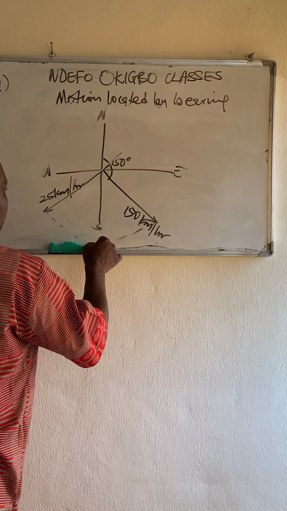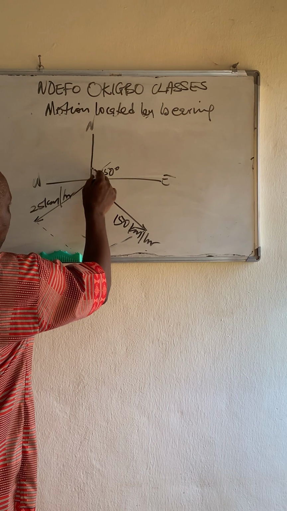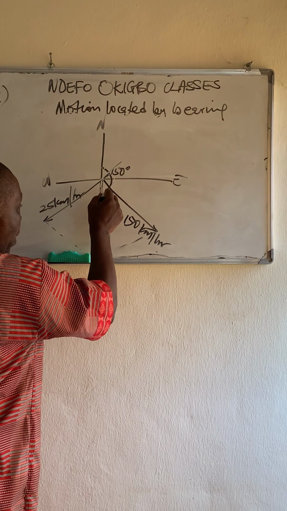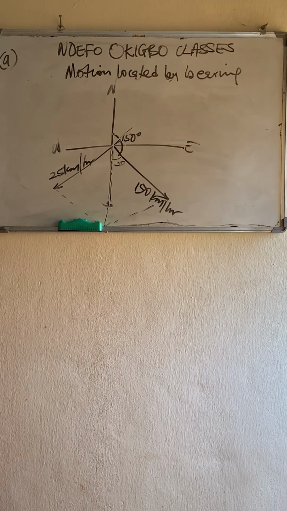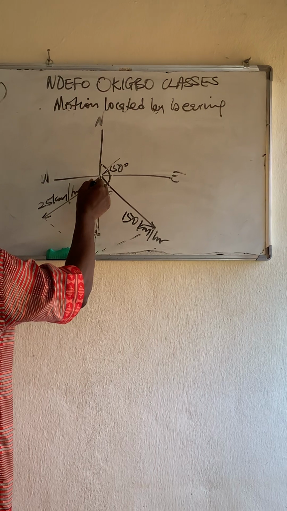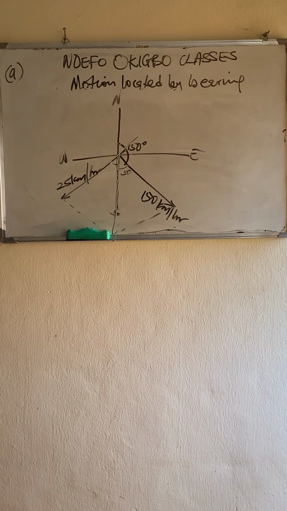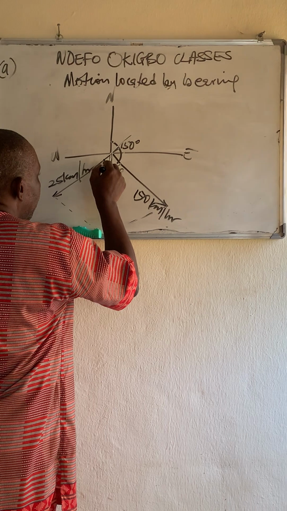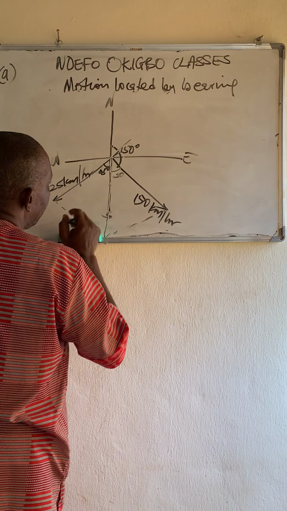Look at this. This angle here is 150. That means, since the whole of the straight angle is 180, this will be 30. And the wind is coming from the northeast, which is 45 degrees from north, half of 90. So this will be 45 degrees.